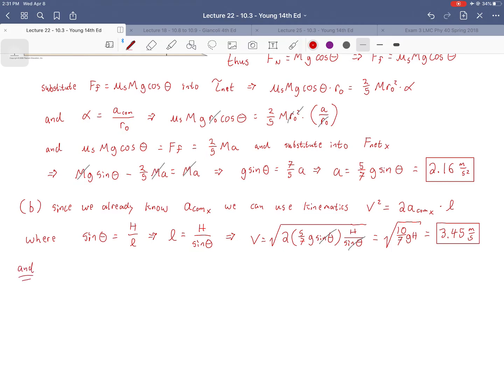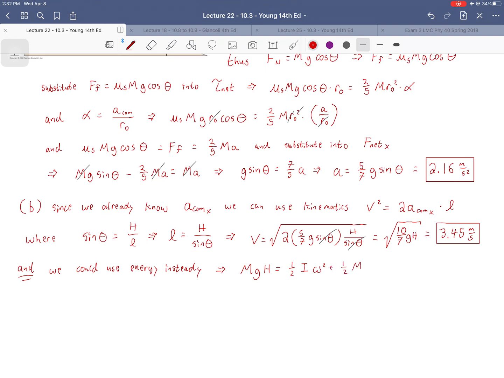We could use energy instead, and of course energy is shorthand for mechanical energy conservation. What that would look like is just mgh, and then that would become all kinetic, because when you get to the bottom of h, all the gravitational potential is gone.